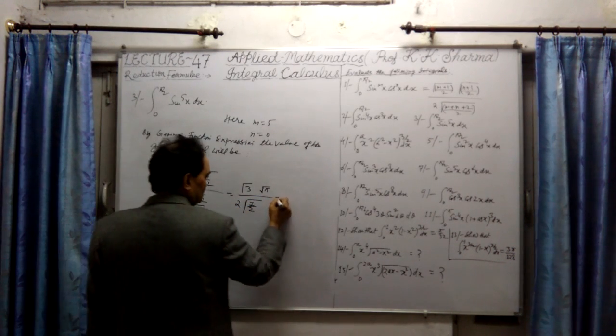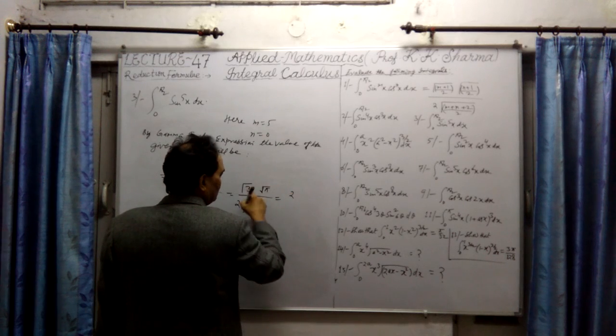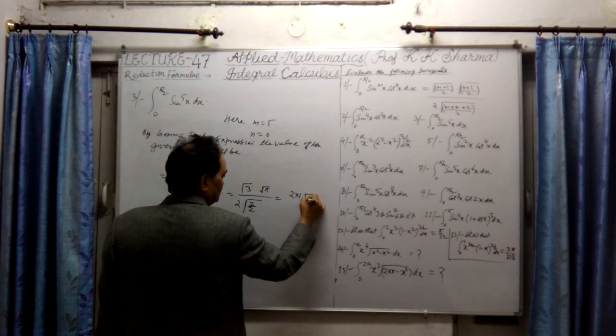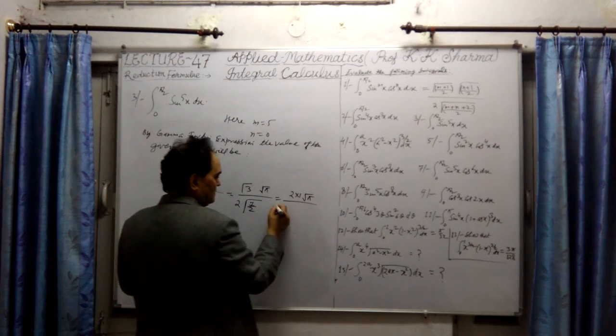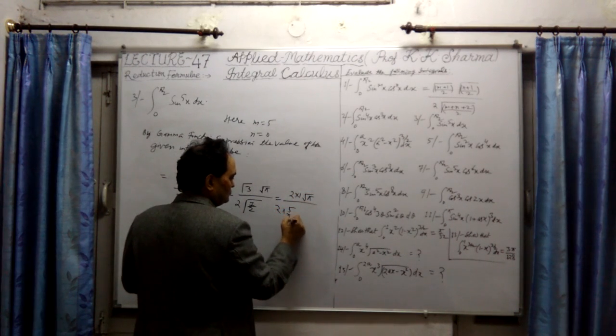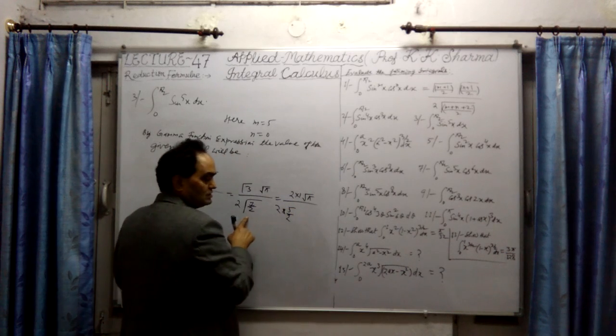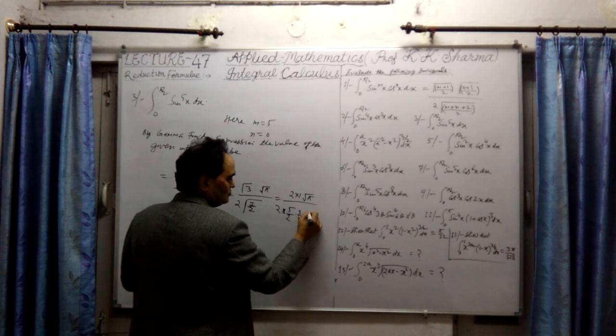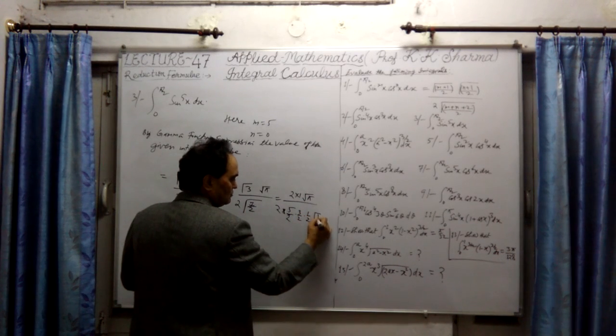What is this? Let me write. 2 factorial 2, that means 2 into 1, under root pi, divided by 2 into 5 by 2, because gamma 7 by 2 is expressed as 5 by 2, 3 by 2, 1 upon 2, gamma 1/2.